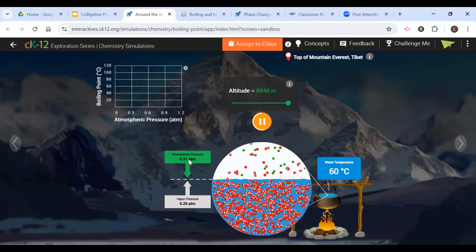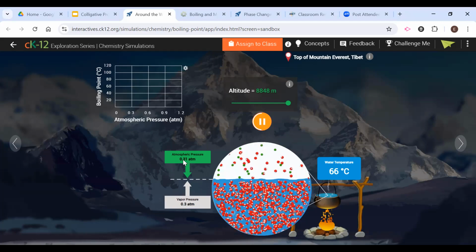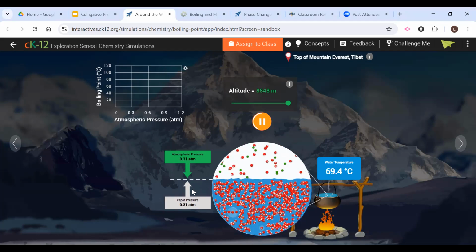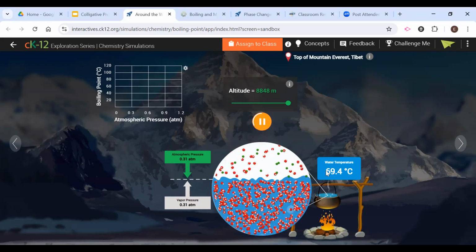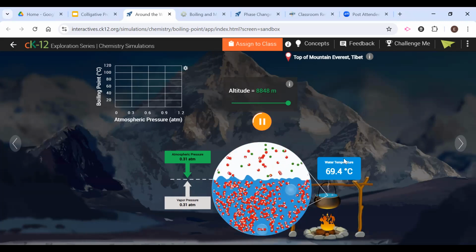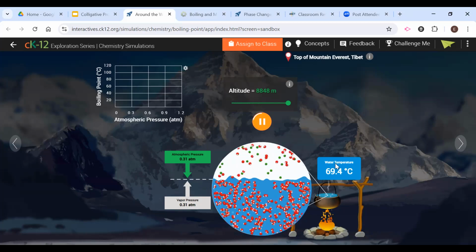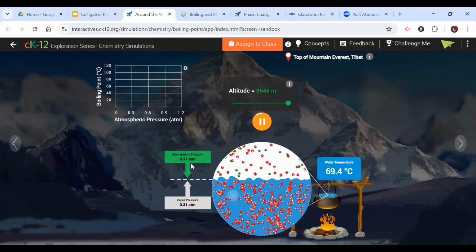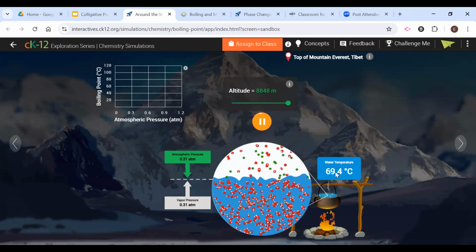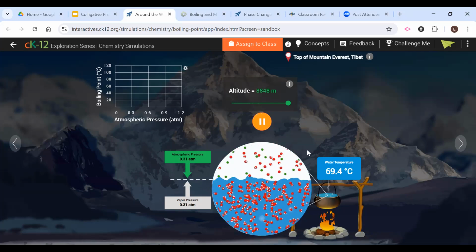Then atmospheric pressure at Mount Everest is 0.31. Watch. As soon as this is equal, then this is the boiling point. See, it stops changing. The vapor pressure here and the atmospheric pressure are equal. So the boiling point is 69.4.